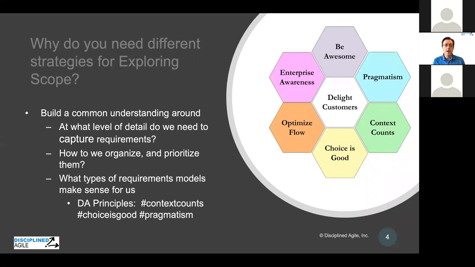So context counts. And as you know, Discipline Agile is all about choice. There's no silver bullet, no one size fits all. We do have to think and consider what options make sense for us. The nice thing about the toolkit is that a lot of people aren't self-aware enough about what their options are.